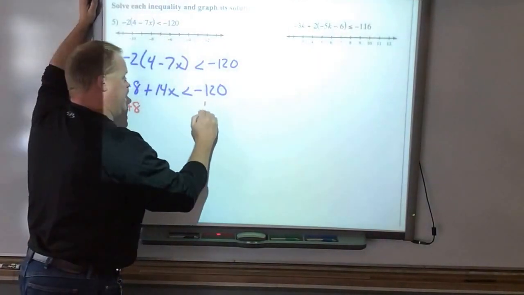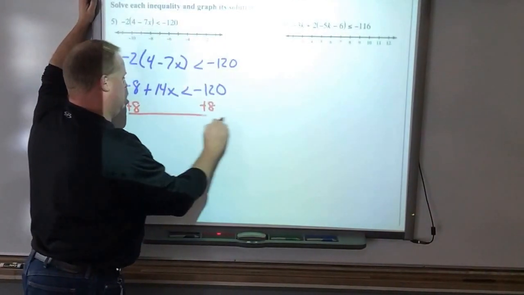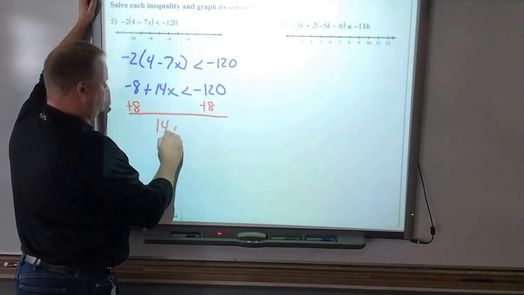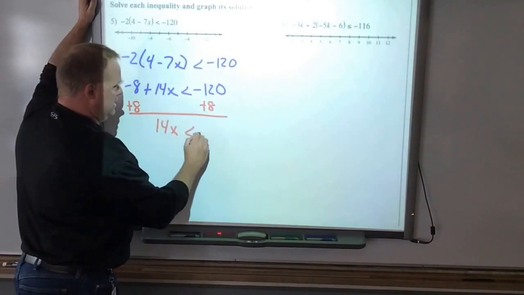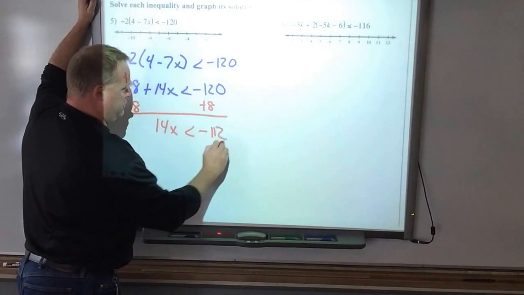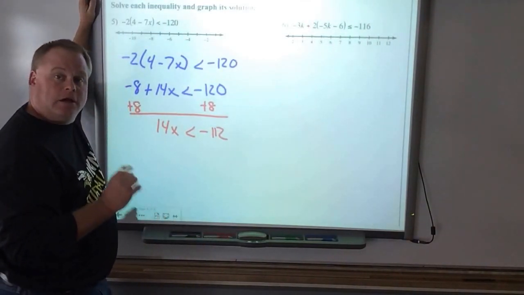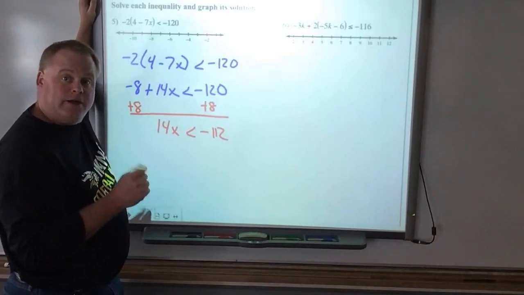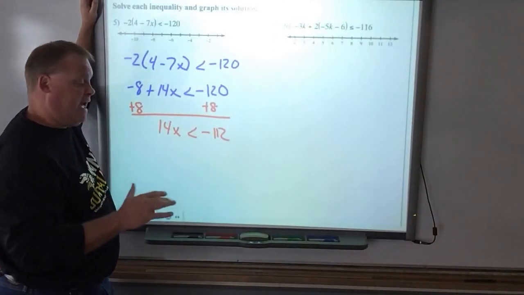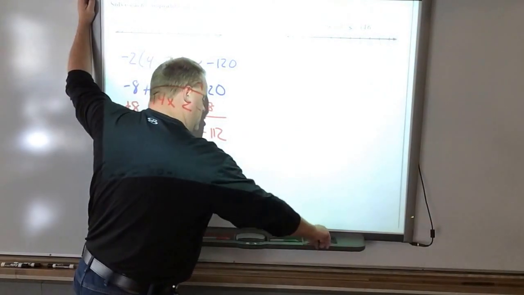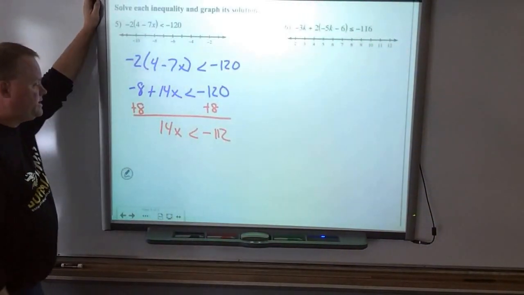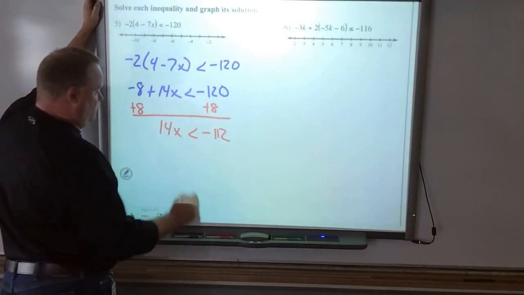So if I add 8 and add 8, I'm going to come up with 14x less than -112. Now, if you're thinking, wait a second, he said something about flipping the sign. Remember, that's only when I divide or multiply. It's not when I add or subtract. Okay? So as I look at this, I got a 14x less than -112.